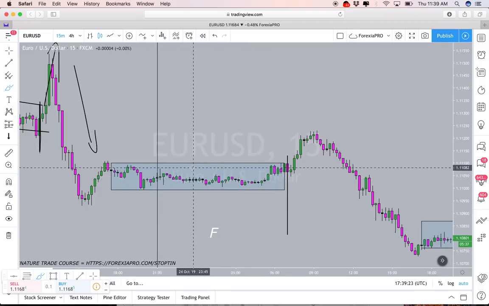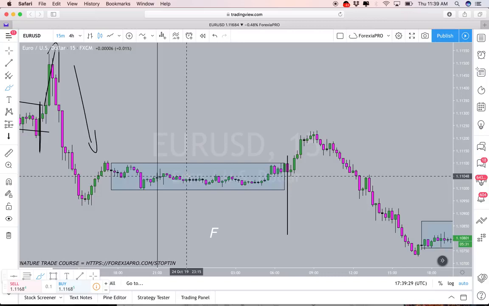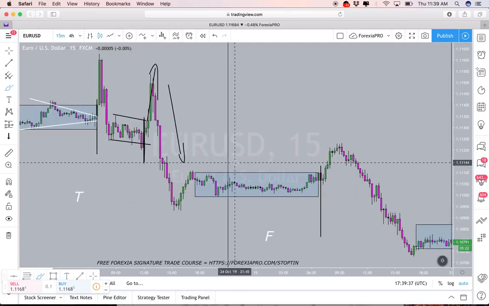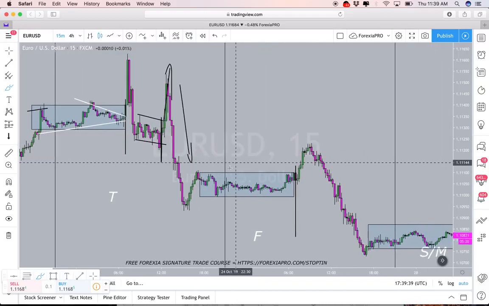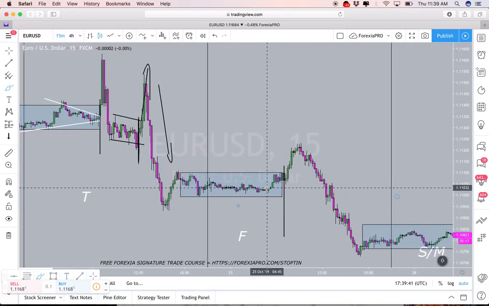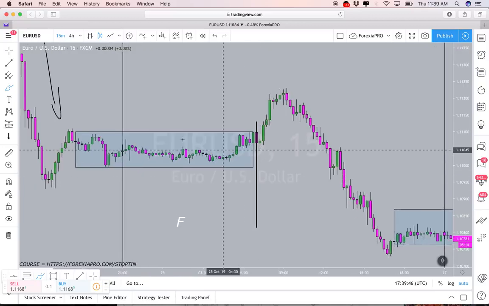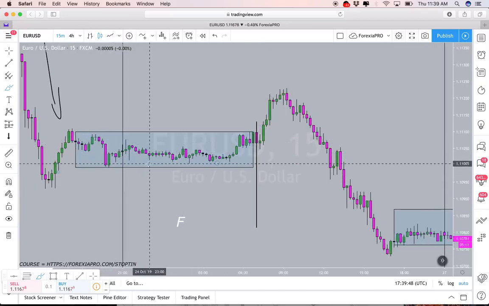I would be in my position for 6, 10, 15 hours straight and nothing would move. And I hated trading because of it. As soon as I understood this, as soon as I took my time to backtest this, it was like an epiphany. Wow, I'm trading the worst session.